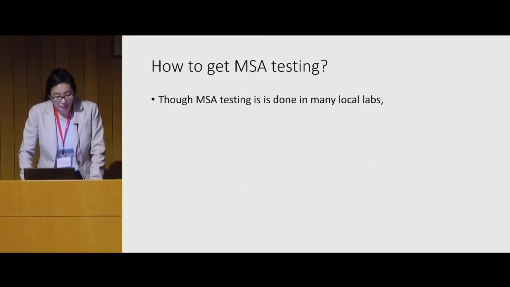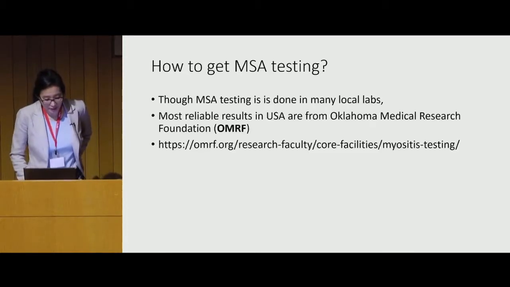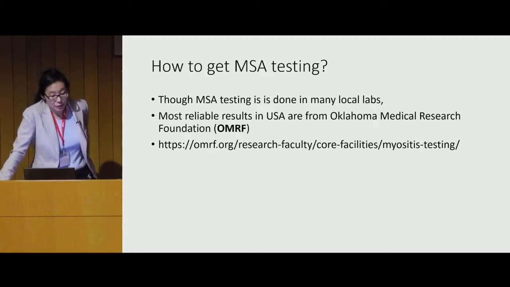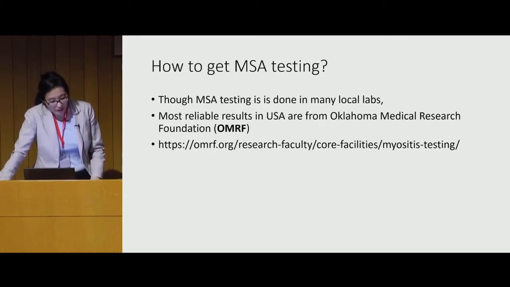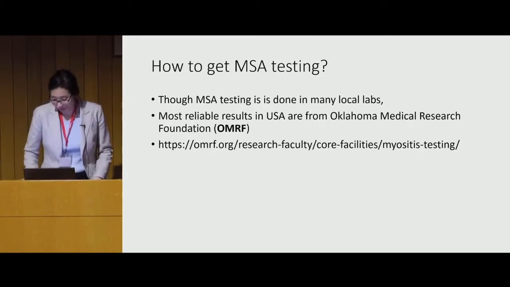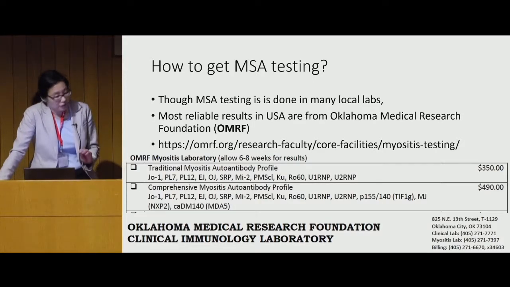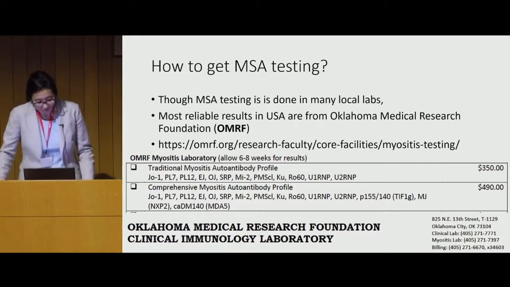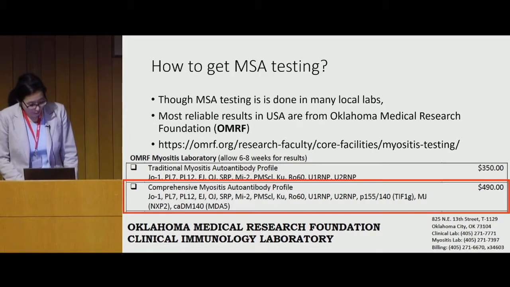So in my experience, you can get Myositis Specific Antibody testing done through many labs. The only laboratory in the US that uses that combination of immunoprecipitation with immunoblotting is the Oklahoma Medical Research Foundation. Actually, they have two different types of myositis antibody profiles that are listed, and you have to make sure the right one is ordered.